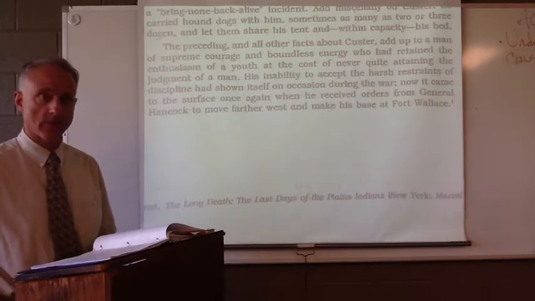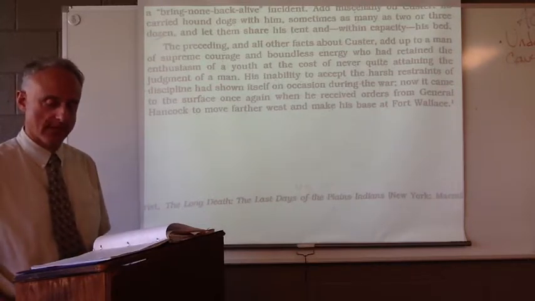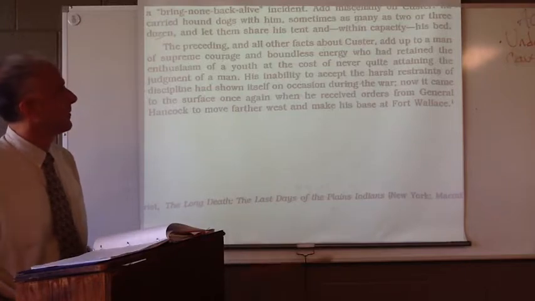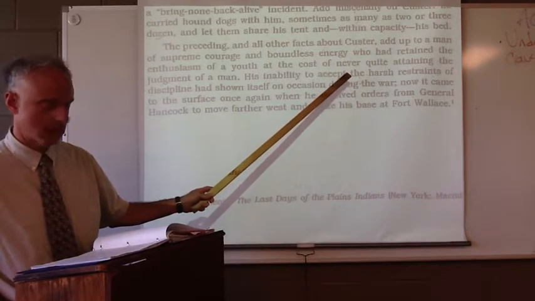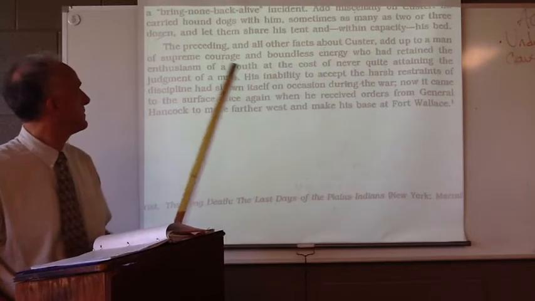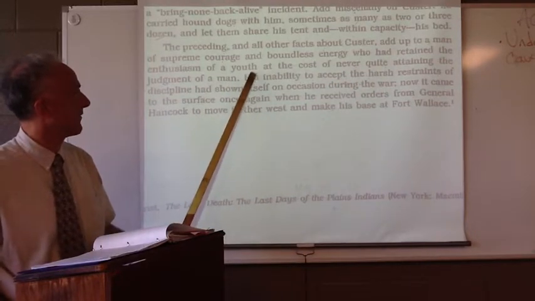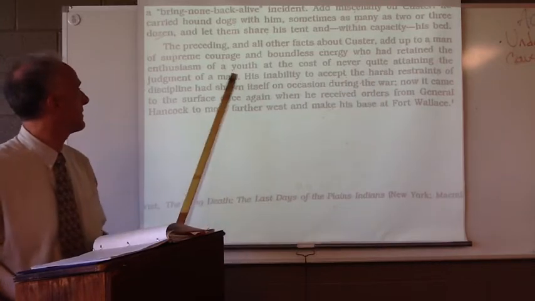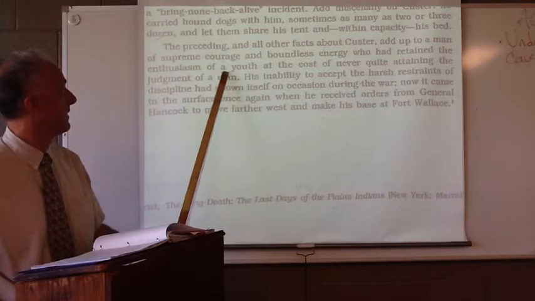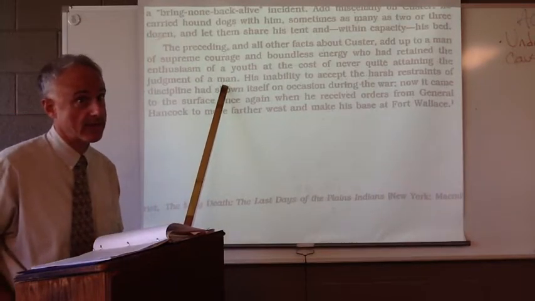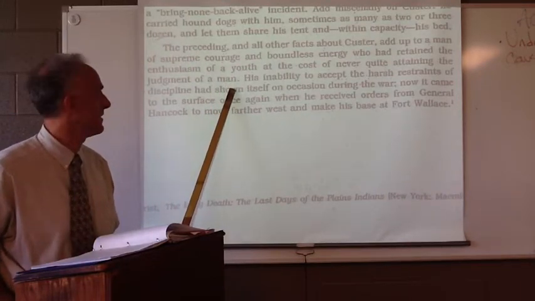Again, as I said before, it's the inductive clear point made at the end. But what do we have as a technique here? Who had retained the enthusiasm of a youth at the cost of never quite attaining the judgment of a man. Enthusiasm of a youth and judgment of a man. Very opposite. What do we call that type of technique? Antithesis.